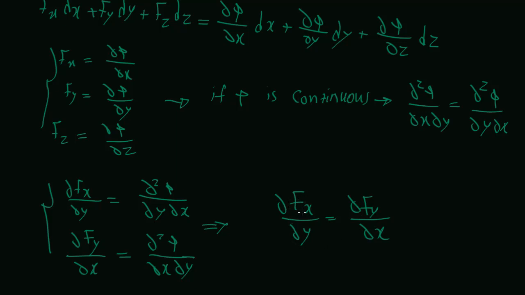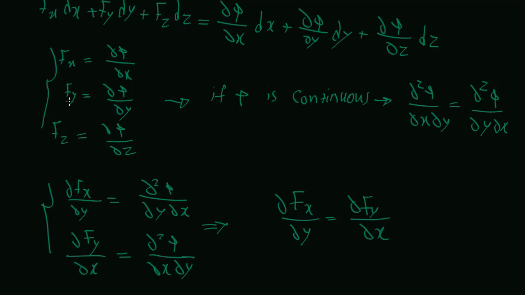If we take the derivative of the first component with respect to y and the derivative of the second component with respect to x, and they are not equal, then we can say F is not conservative. And actually we can derive two other equations. This is only the first equation, because I did it for the first and second components.